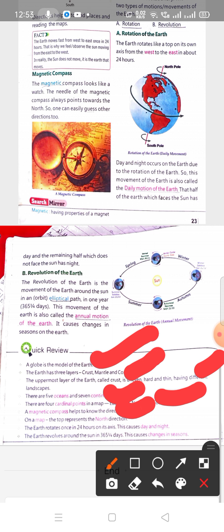A magnetic compass helps to know the directions. Next, on a map, the top represents the north direction. The earth rotates once in 24 hours on its axis. This causes day and night. The earth revolves around the sun in 365 1/4 days. This causes changes in seasons.